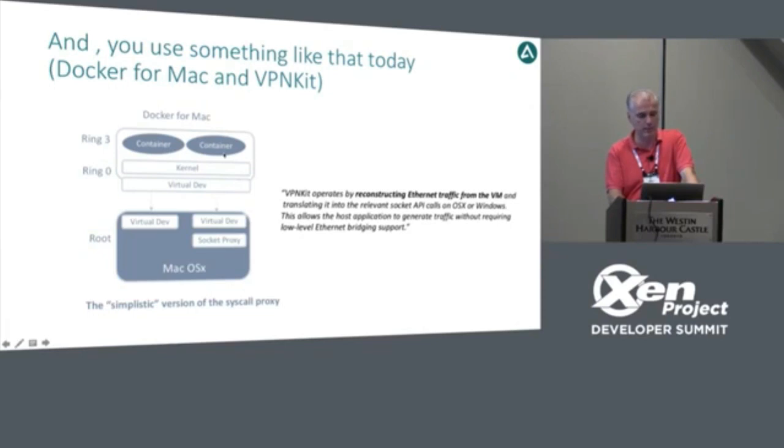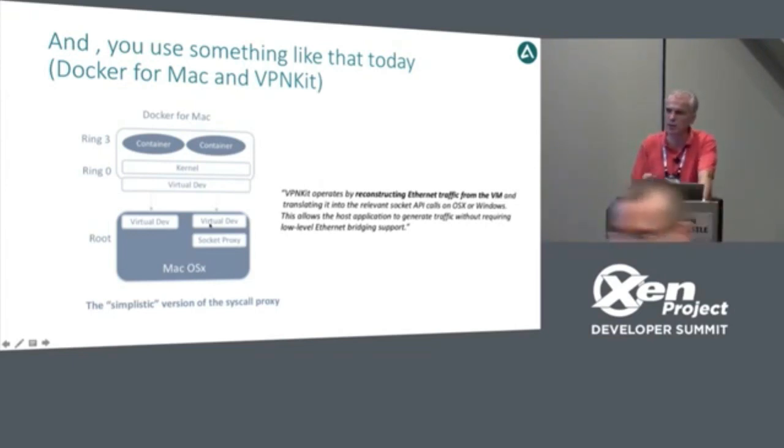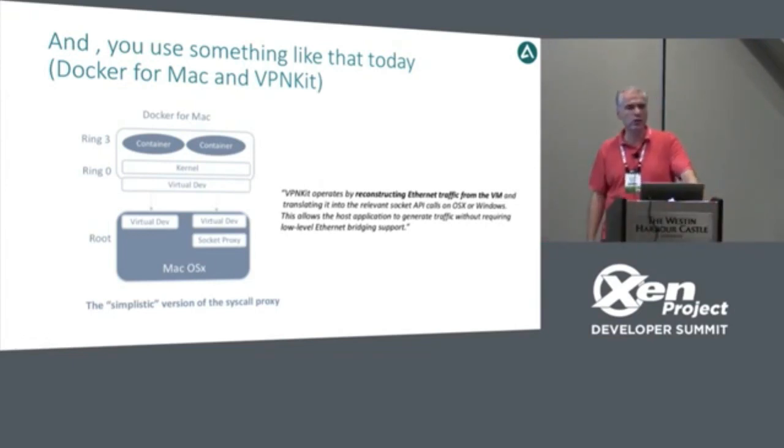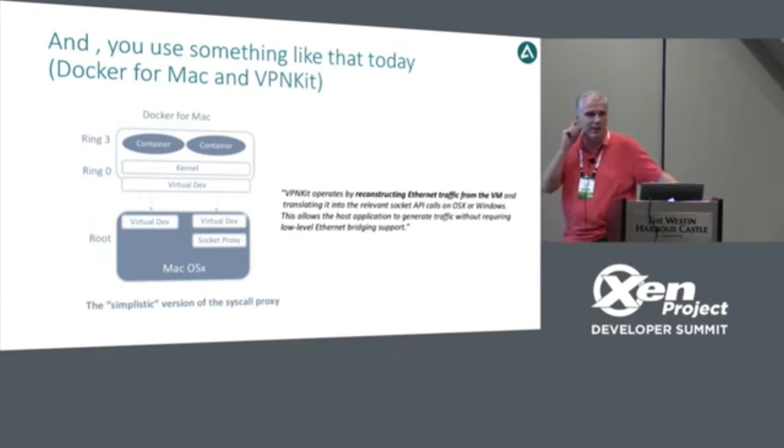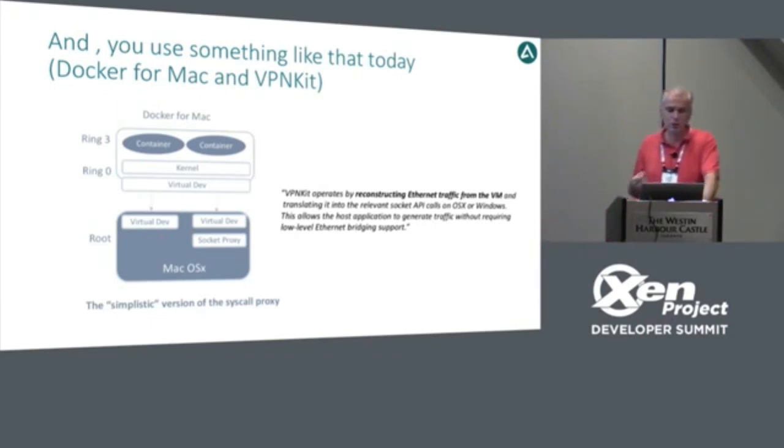They use the Beehive hypervisor on Mac OS X. They have a kernel where they send packets, converting them to Ethernet packets, and then they have a proxy on Mac OS X that takes the Ethernet packets and converts them to a new socket call on the underlying operating system. In this way, they give the illusion in the containers that they are actually opening socket calls on the underlying operating system. That's how Docker for Mac works today.